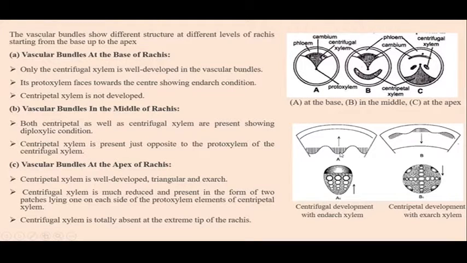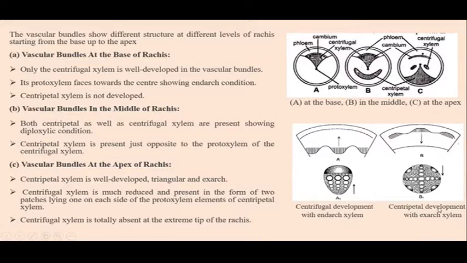Initially the protoxylem is formed towards the center, and later the metaxylem is formed towards the outer side. So here in this bundle you can see the metaxylem is towards the outer side, and the protoxylem is towards the inner side, and this leads to the formation of endarch xylem.